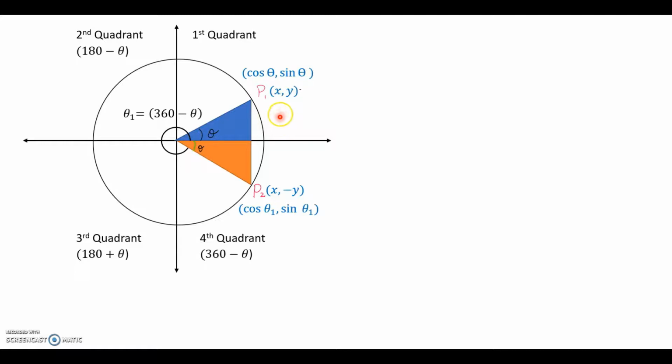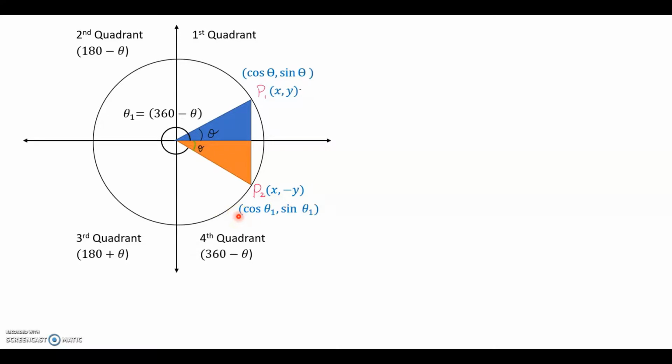Now we know that the coordinates x and y can be written as cos theta, sin theta. We have done this in the previous videos. If this can be written as cos theta and sin theta, where this is the theta here, we're going to use this reference angle, which is 360 minus theta, and call it theta 1, and use that as our coordinate for P2.